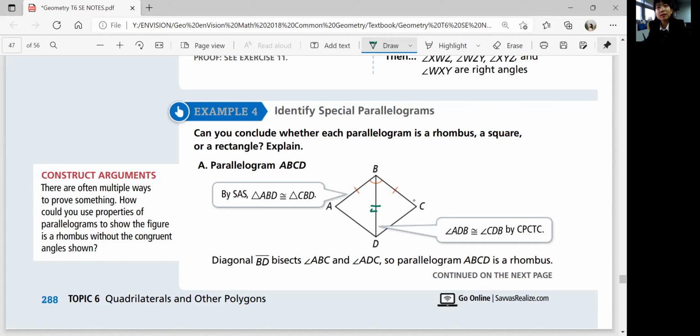And by CPCTC, these two angles are congruent, and that means BD bisects angle B. Since diagonal BD bisects the angles, these must also be congruent by CPCTC. The parallelogram must be a rhombus. All sides are congruent.